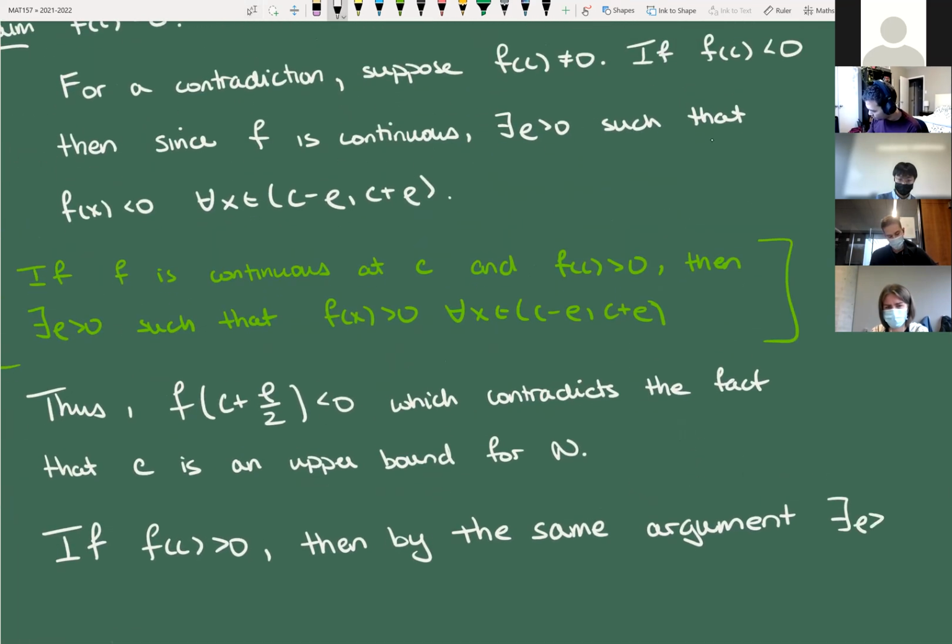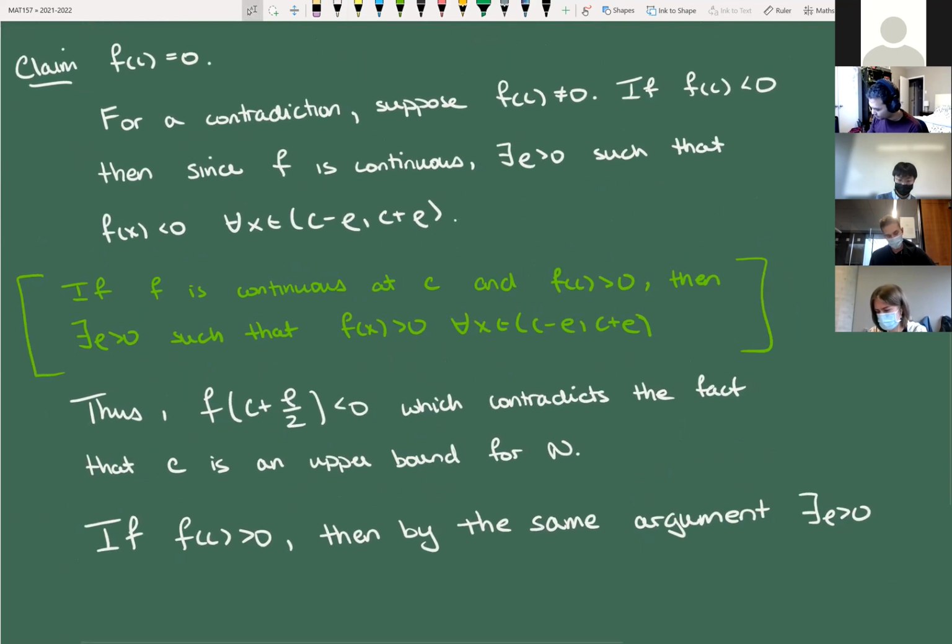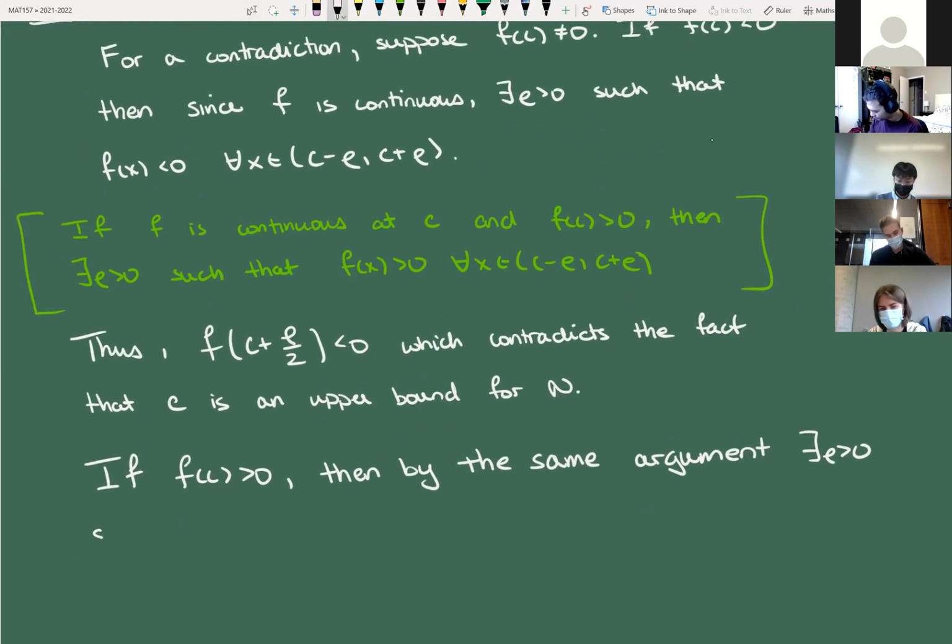So there exists a rho greater than 0 such that f of x is greater than 0 for all x in (c minus rho, c plus rho).